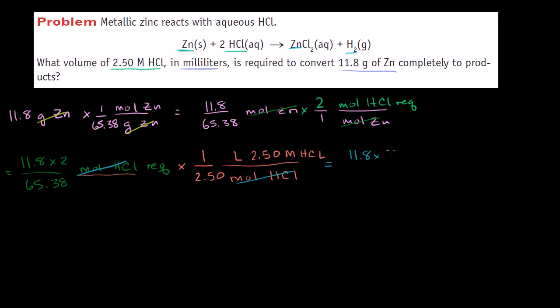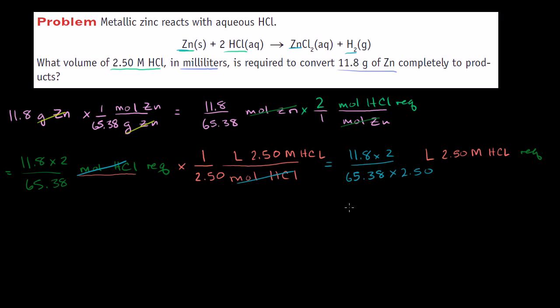And in the denominator, we have 65.38 times 2.50. And all we're left with in our units is liters of 2.50 molar HCl solution.